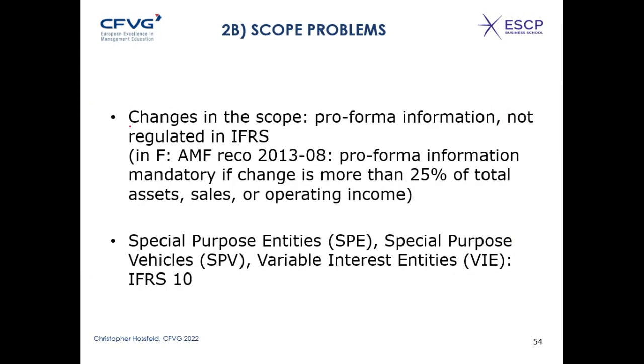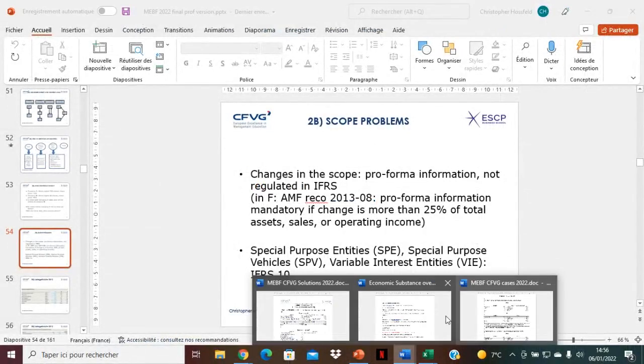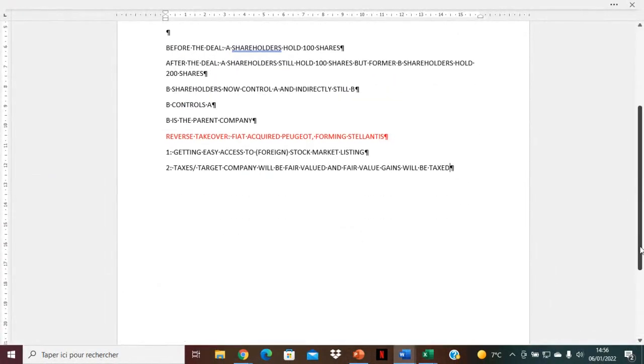One problem is what happens if we have changes in the scope of consolidation, because those changes make a comparison rather complicated.